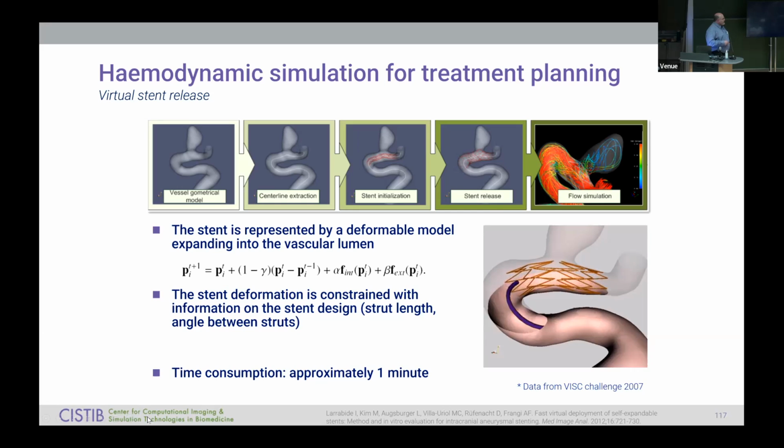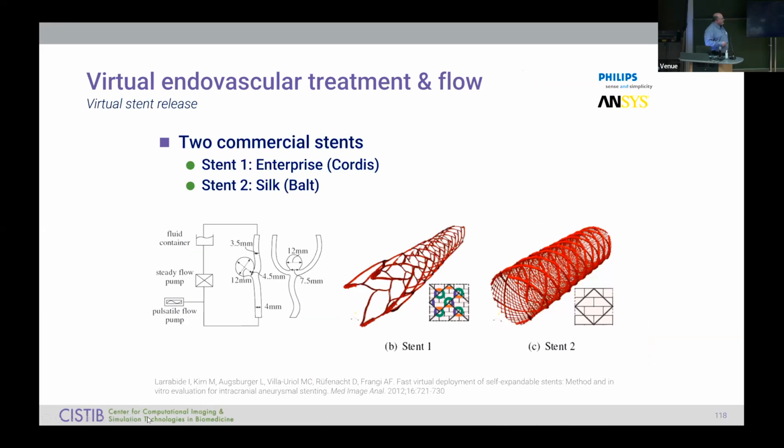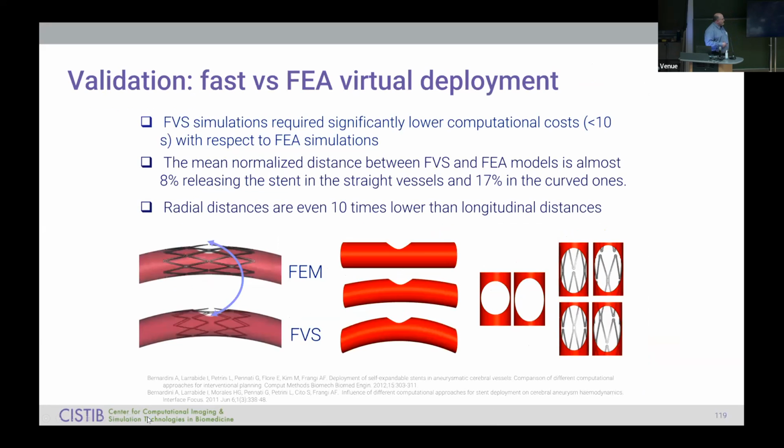It uses some heuristics, but it's not a full computational mechanics solution. However, we have shown through experimental simulations and finite elements that this fast virtual stenting takes about a minute to deploy, while a fully coupled mechanics deployment of the stent can take several hours. And in most cases, it doesn't converge when you put it in realistic geometries.